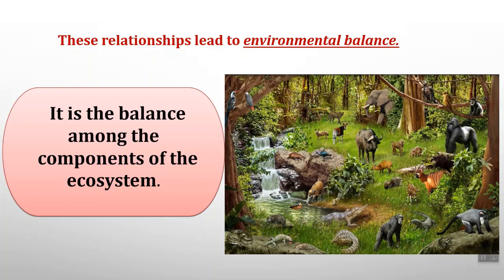So the relationships between plants and soil, between animals and plants, and between animals and animals lead to the environmental balance. What is the environmental balance? It is the balance among the components of the ecosystem.